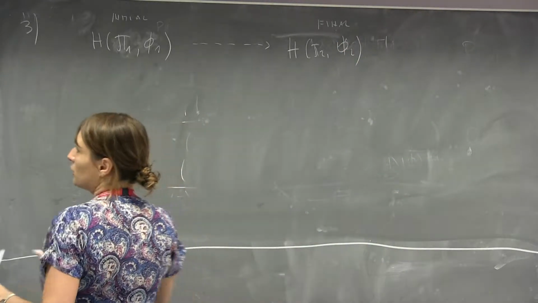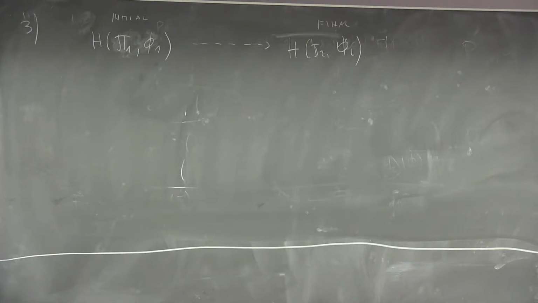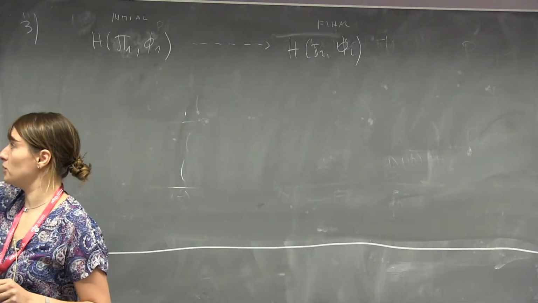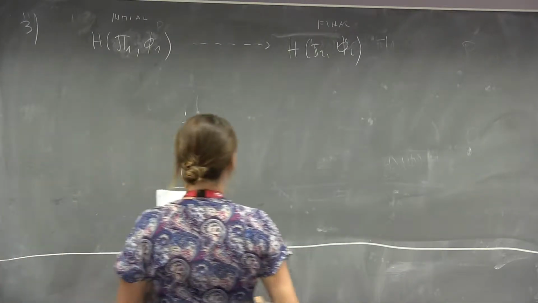And we said that we want to implement this last step with the acceptance which corresponds to the minimum between 1 and e to the minus delta H.